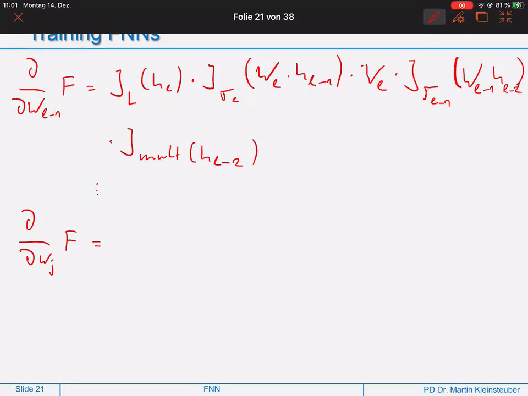And so this is the J L of HL times, and then we have sigma L, WL, HL minus 1.